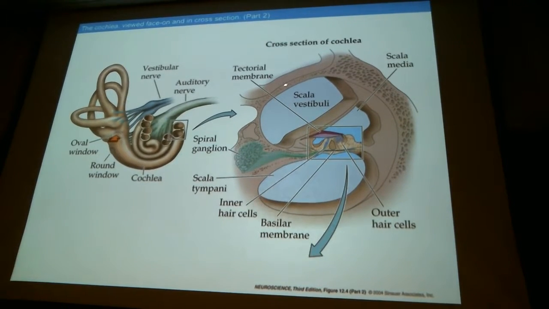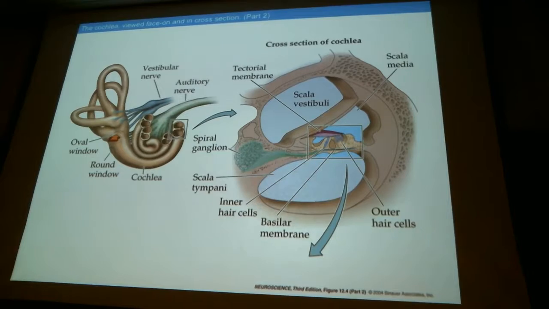Here's one part of the tube, called the scala vestibuli, then this is the scala tympani, and in the middle you have the scala media. Sitting in the base of the scala media is what's known as the organ of Corti, and that's where the hair cells are, and that's where the transduction really happens.